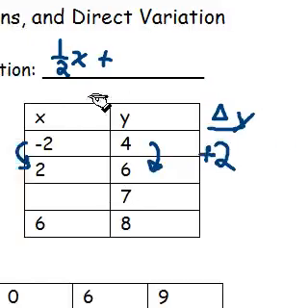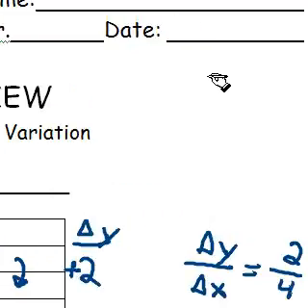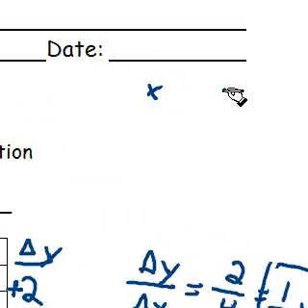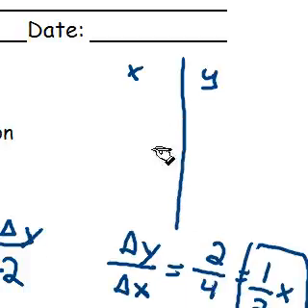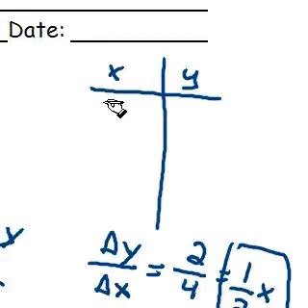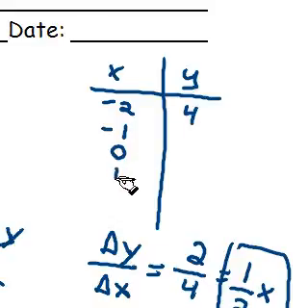So let's recopy this table. We know negative 2 went with 4. And let's put in the rest of the numbers: negative 1, 0, 1, 2. We'll just go up to 2. And we know that 2 went with 6.